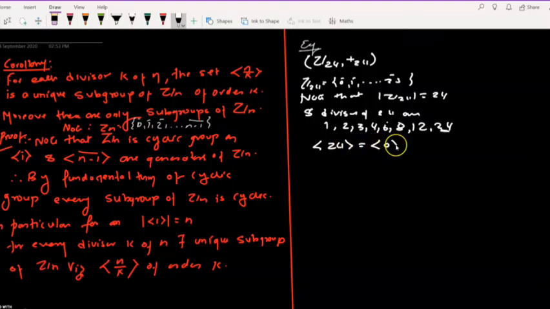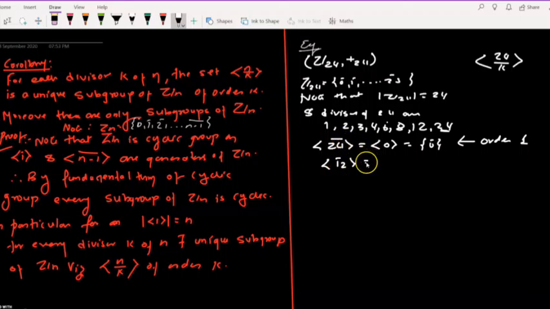24 is nothing but 0. That is nothing but the singleton 0 bar. And what's the order of this? I look at n by k, which gives 24 by k. If I put k equal to 1, I get 24 bar. Then if I put k equal to 2, I get 12 bar, which would be 0 bar, 12 bar, and 24 bar gives me 0 bar.